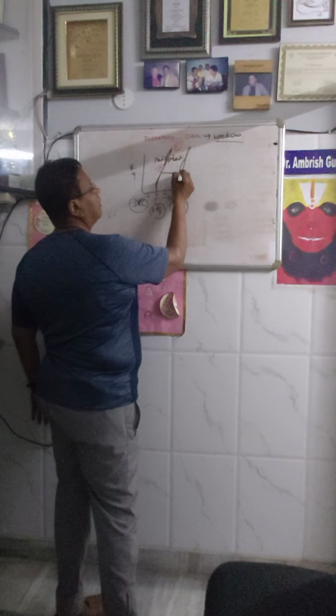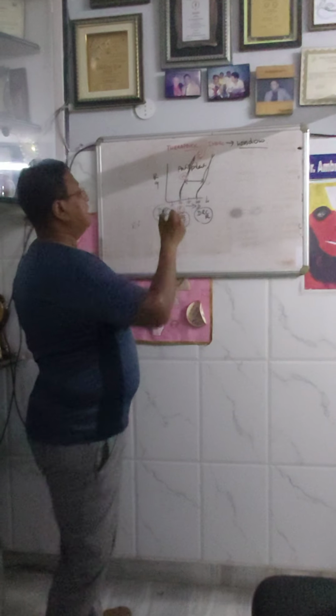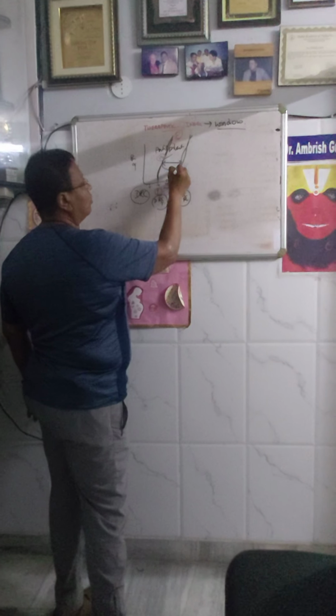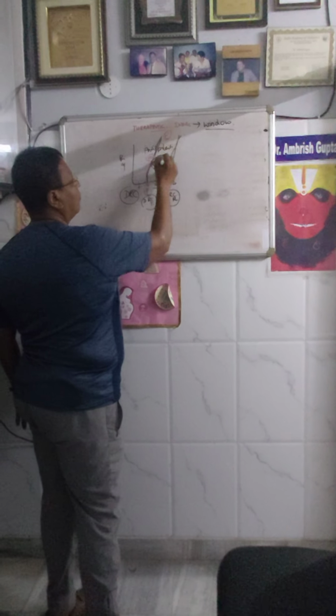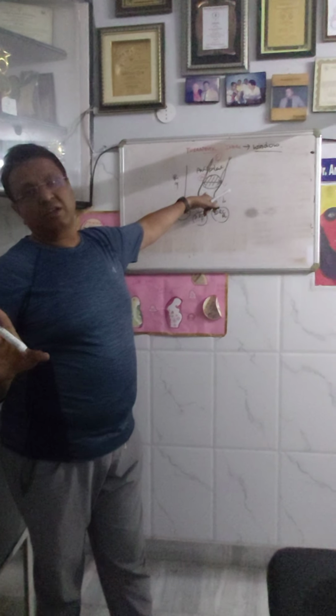So the area between these two is the therapeutic window, where you can give the drug without any fear of adverse drug reaction. So this is the therapeutic index of drug A, which is an anti-epileptic drug.